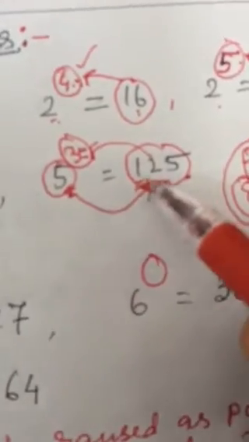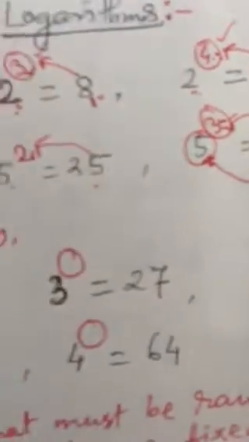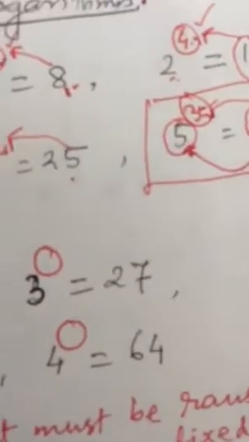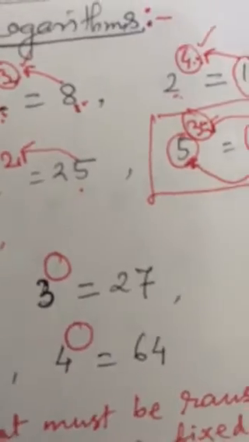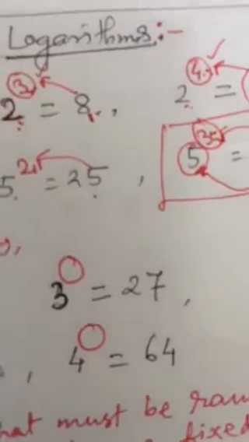Similarly, the log of 16 to the base 2 is 4. If I ask what is the log of 125 to the base 5, you can say it is 3. So this is how we read this exponential form in logarithmic notation or logarithmic form.